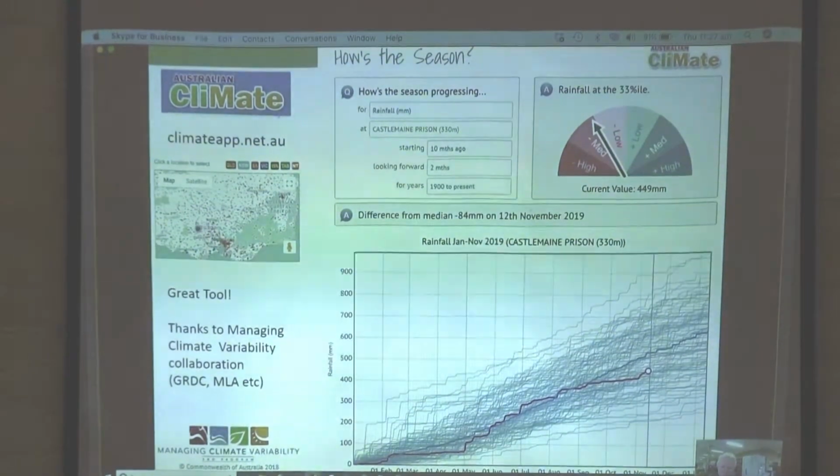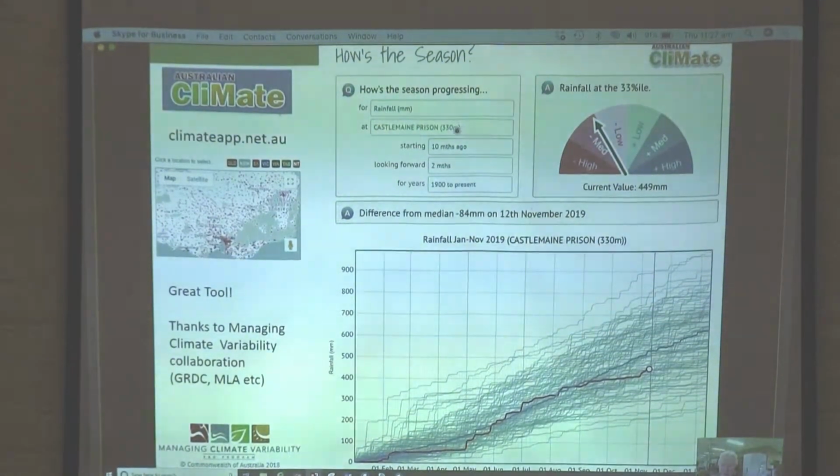But you see all of these dots here. These are long-term rainfall records, and basically you can go to them and download them. I just did this this morning in Castlemaine Prison, and you can get a pretty long rainfall record and do all sorts of things like how the season is progressing. I just plugged in, starting from January this year, and you get this sort of image, and it shows from January through to where we are now. All of these other lines are previous years, and when you hover on them on the app, it tells you what year's what.